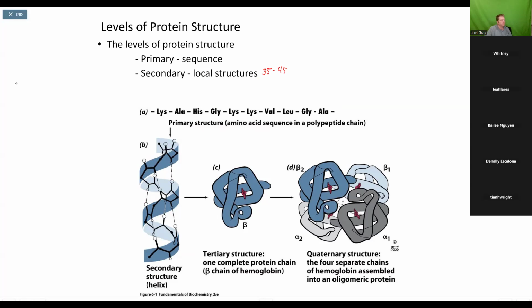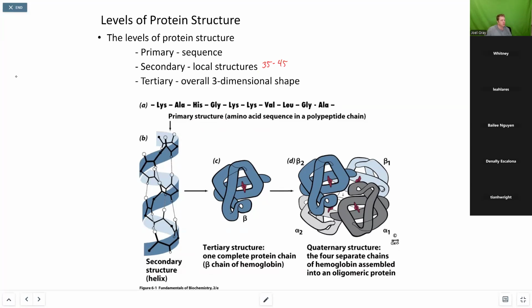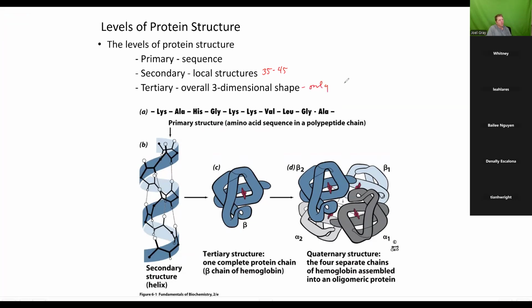Now, the tertiary structure is the overall 3D shape of a single polypeptide, and that's a very important thing. Only one, and I'm going to label it as PP, peptide or polypeptide. If you look at model C here, this is a 3D fold of a protein.